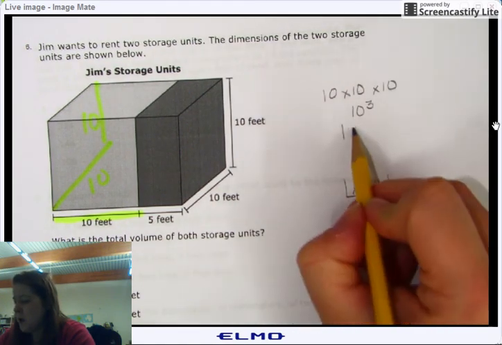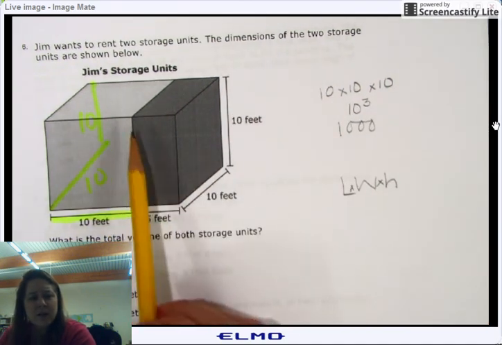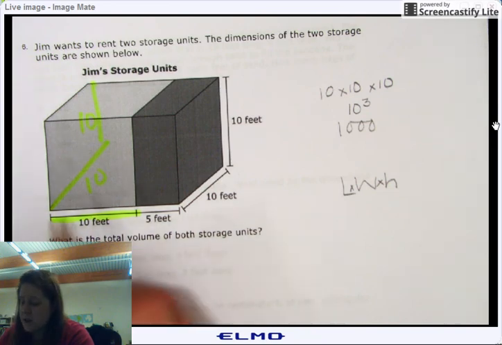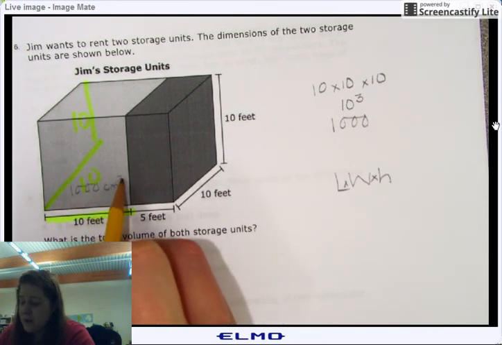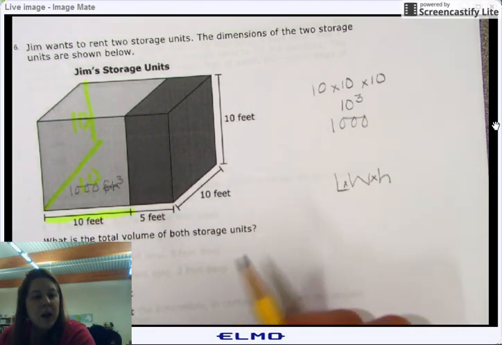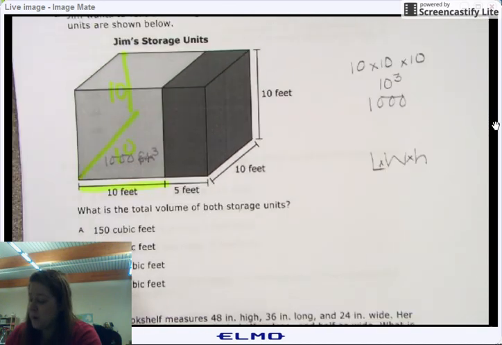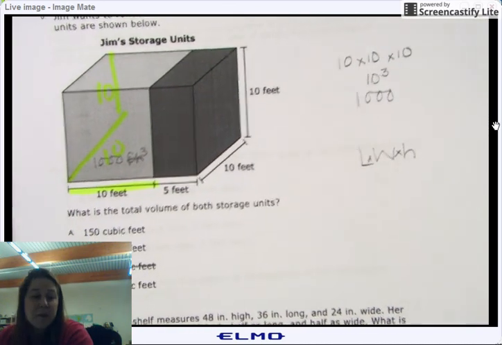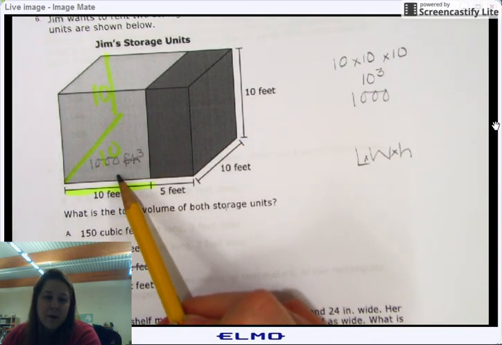So I have 1, 0, 0, 0. So this cubic unit is 1,000 cubic feet. Oh, sorry, feet, not centimeters. But it wants to know the total volume. Let me set aside this 1,000, because that can't be the answer, because that's only that part right there.